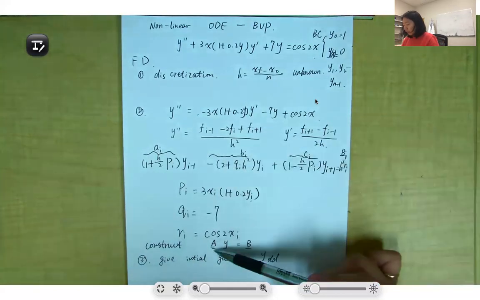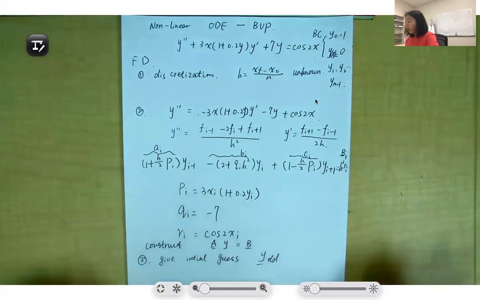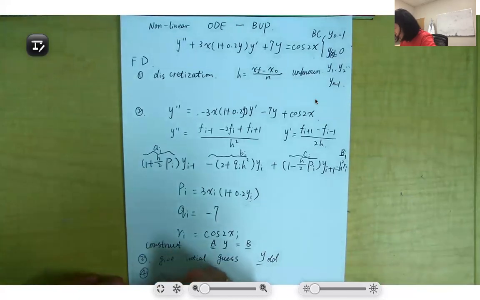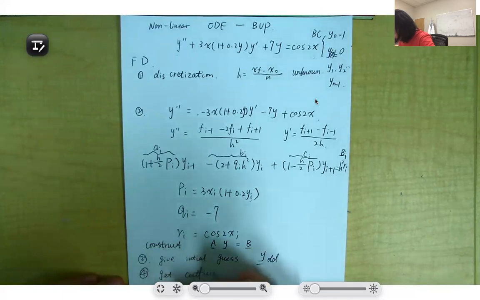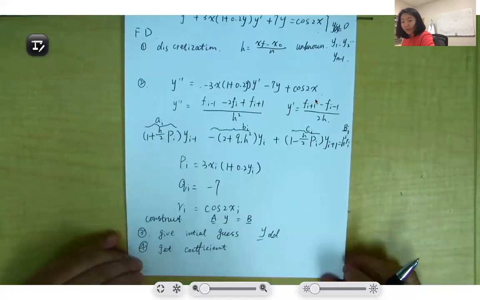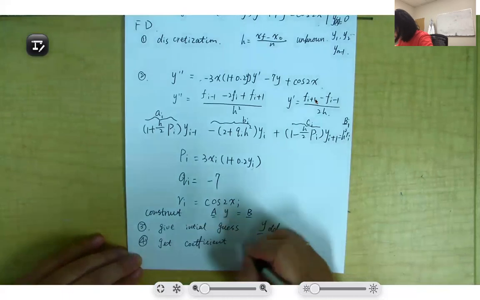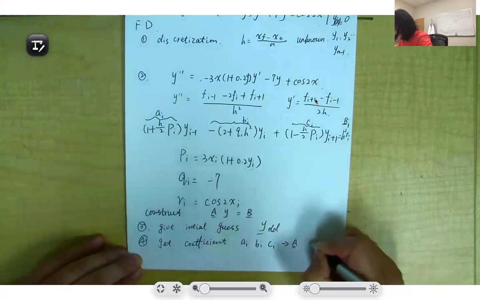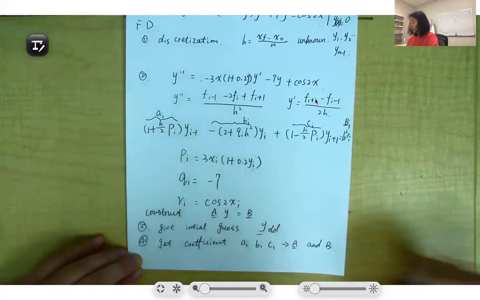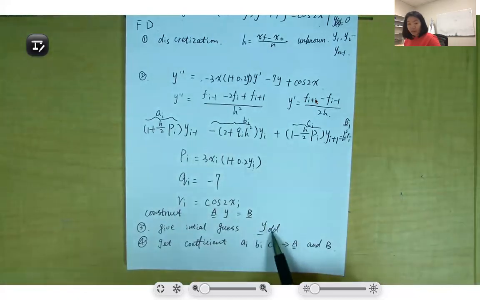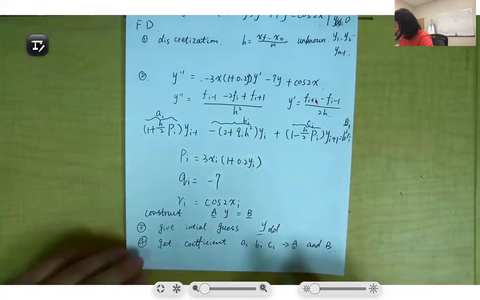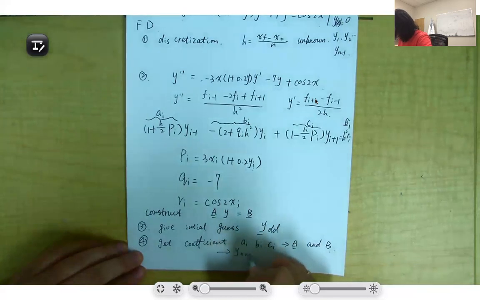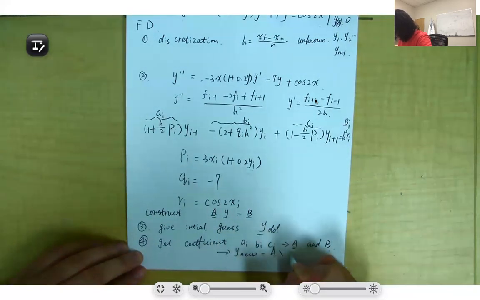Then you can construct this Ay equals b, and solve it. So you get the coefficient matrices ai, bi, ci, which construct A and b. Based on the y old, you can get this A matrix and b, and you can get the y new, which is A divided by b.